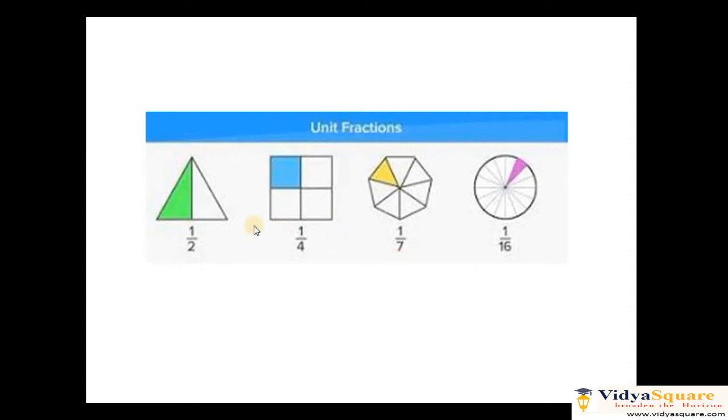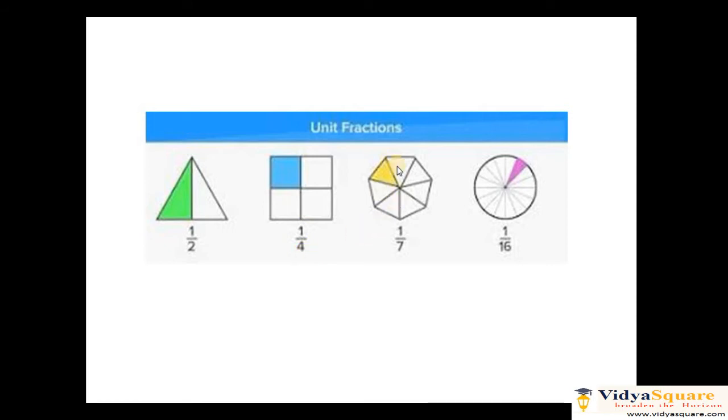Okay, so here you can see how we depict a fraction. This is 1 by 2. Out of 2 parts, one part is shaded green. Here out of 4 parts, one part is shaded blue, so it is written as 1 by 4.